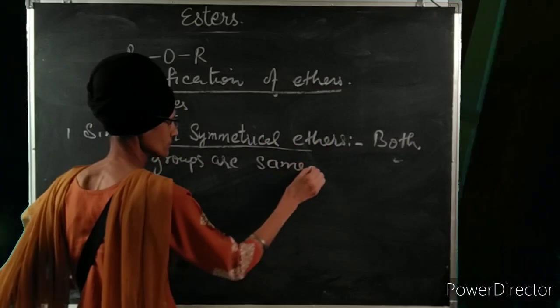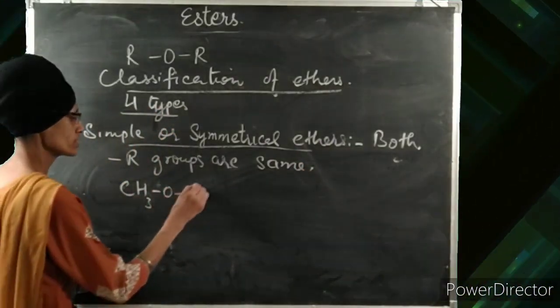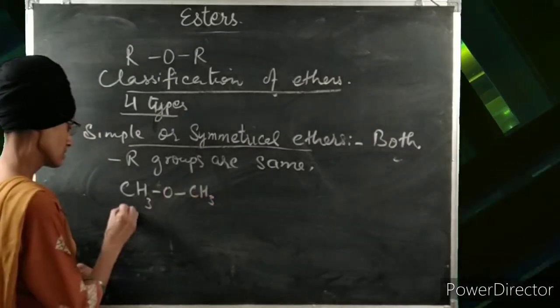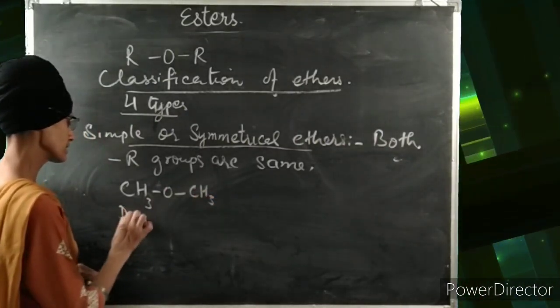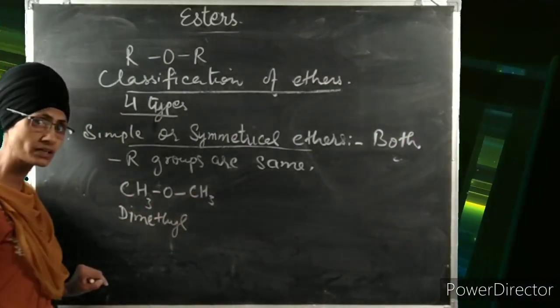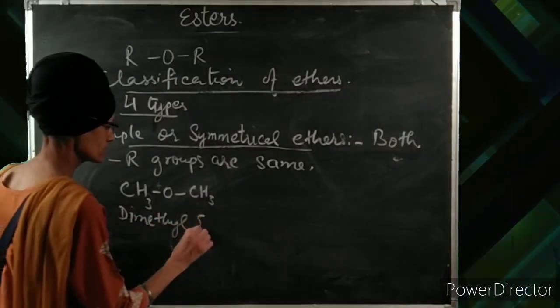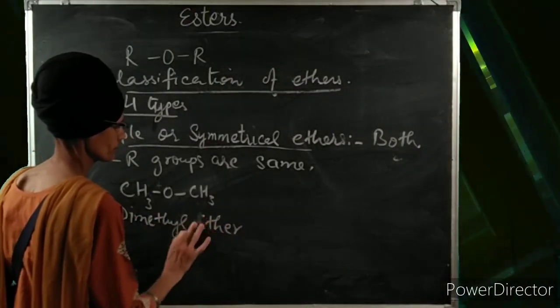For example, you can take methyl on one side of oxygen and on the other side also a methyl group. So the name will be dimethyl ether. This is a simple, or symmetrical, ether. Both sides of the oxygen have the same alkyl group, that is methyl.